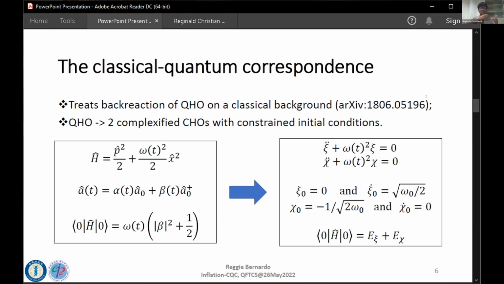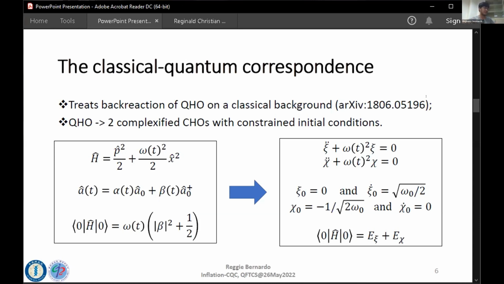It's not about quantum particles being stretched to classical objects by means of the expansion, but rather it is an exact correspondence between the quantum harmonic oscillator and a complexified classical harmonic oscillator. So just two classical harmonic oscillators. It's one complexified version of that. So this classical quantum correspondence is a way to treat the backreaction.